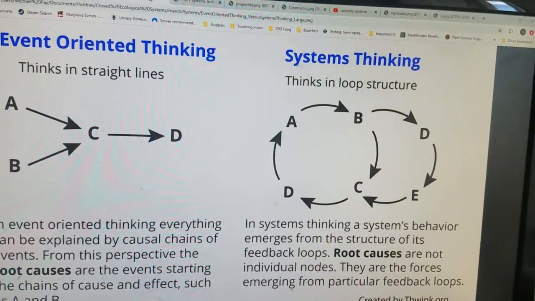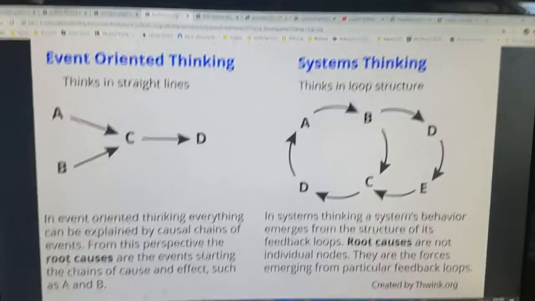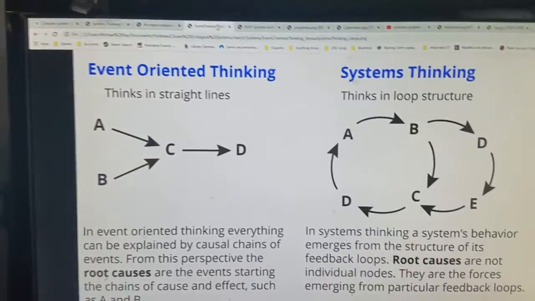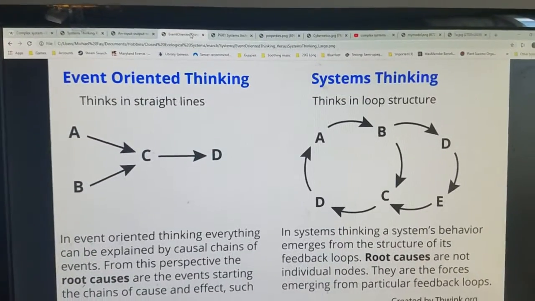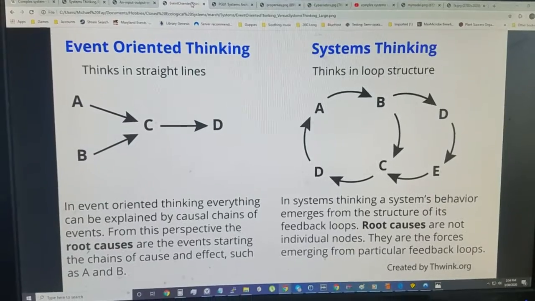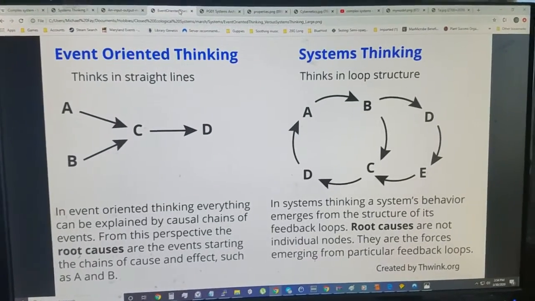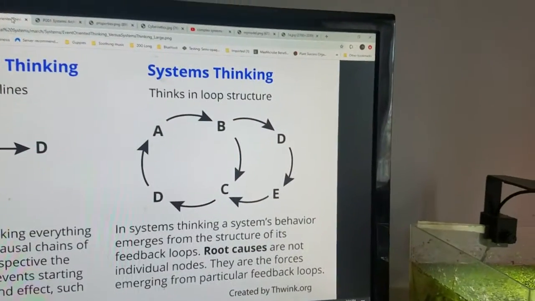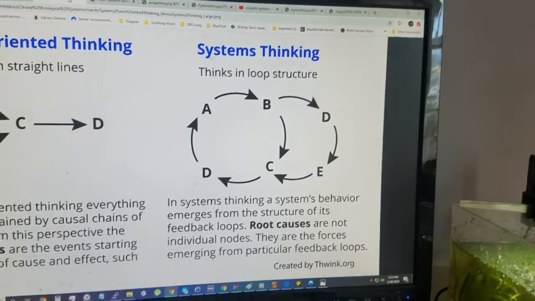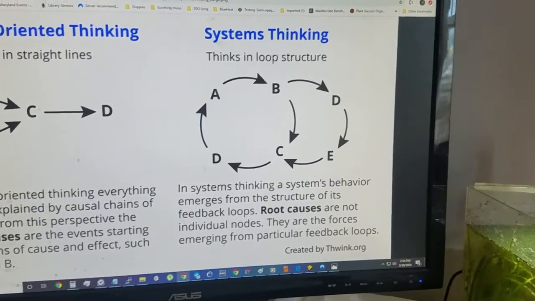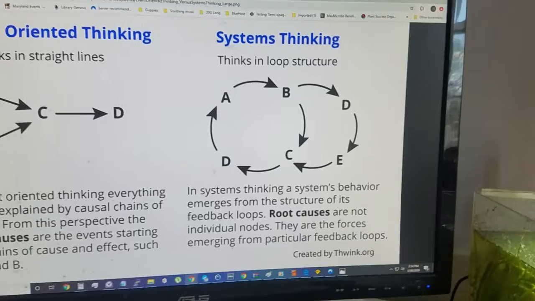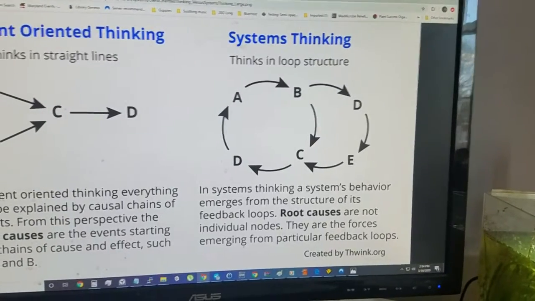Okay, so what is systems thinking? In event-oriented thinking, everything can be explained by causal chains of events. Systems thinking heavily focuses on feedback loops because these systems are complex and feedback loops are a major part of it.